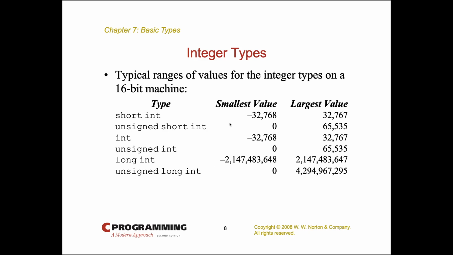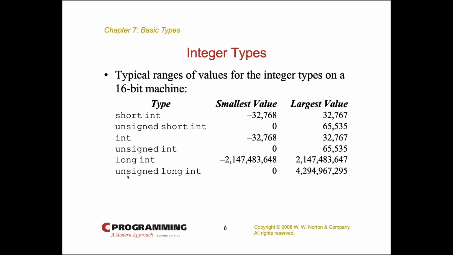Let's see the typical range of values for integer types on a 16-bit machine. It looks like that. Unsigned long int has the largest value.